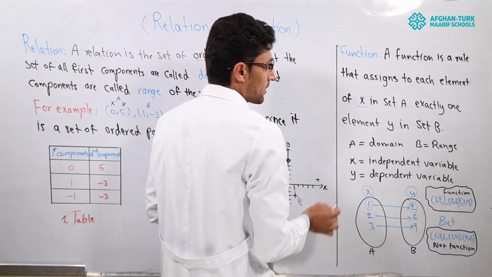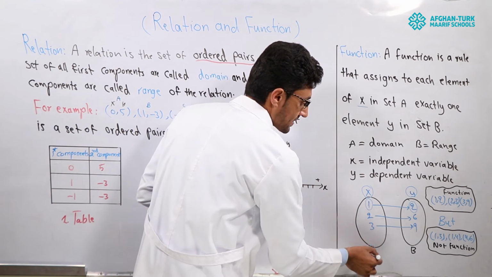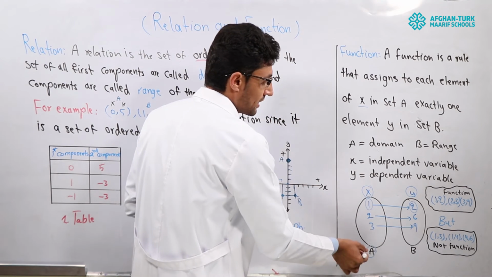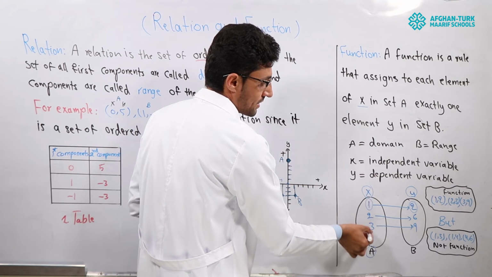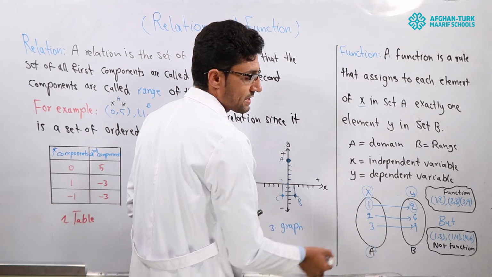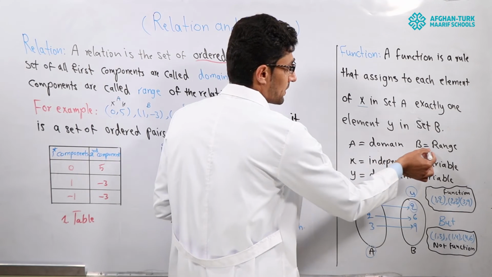So what do we call the values of set A? We call them the domain. It means the first elements. And what do we call these?